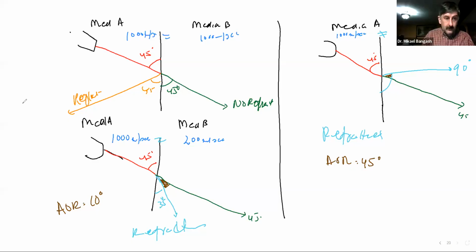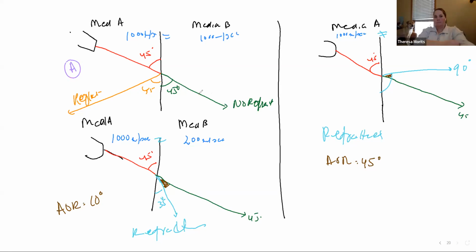So we can say, in example A, what did we have? We had the oblique incidence, but since we had the same speeds, no refraction. Right?